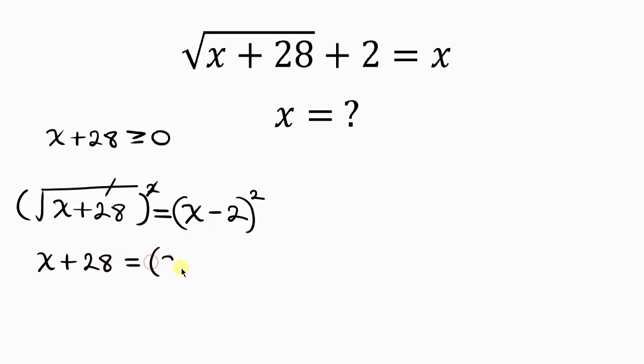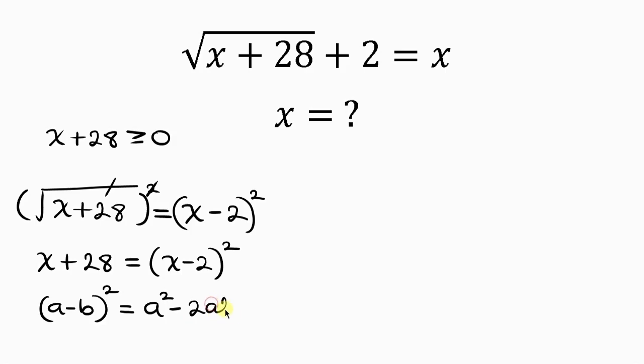So squaring cancels out the square root, leaving x plus 28 equal to, on the right-hand side, x minus 2 all squared. Notice that the right-hand side is of the form a minus b all squared, and expanding an expression like this gives a squared minus 2ab plus b squared.